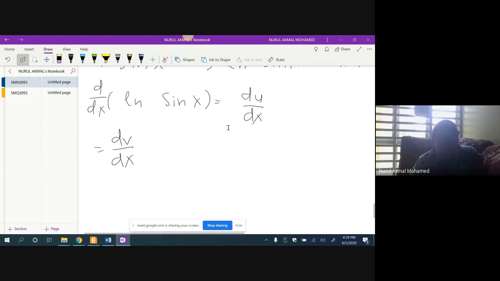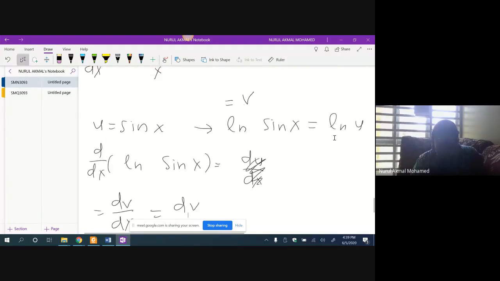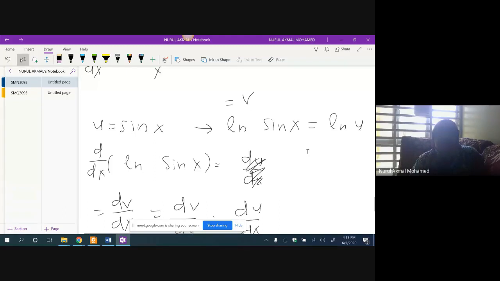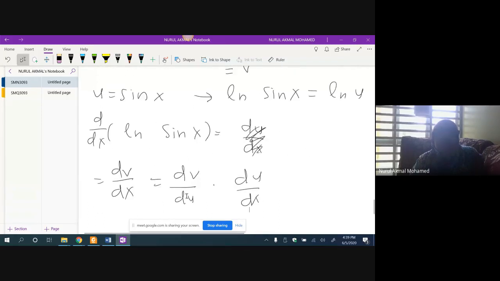So your dv/dx is equal to dv/du multiplied with du/dx. Your v is equal to ln u, so if you differentiate v with respect to u, you will get 1 over u. And du/dx is equal to cos x.